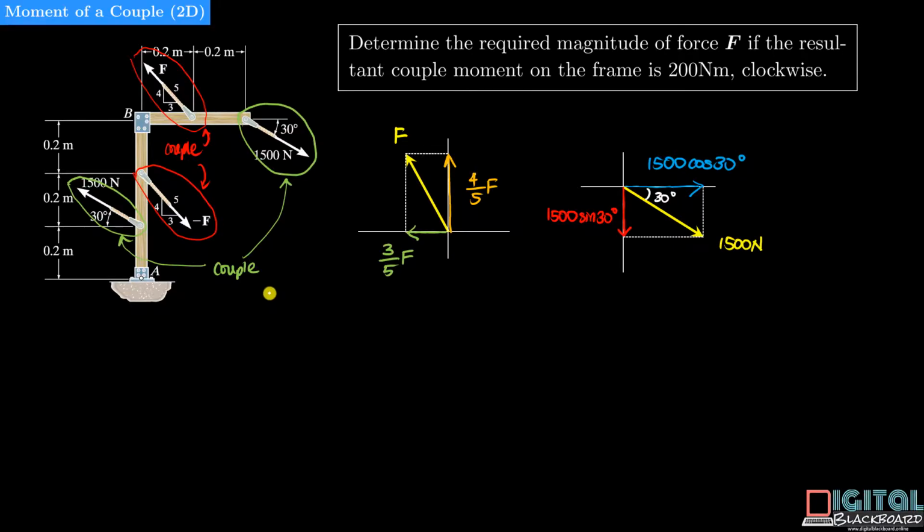In this case, we choose positive to be clockwise because the question says that the resultant couple moment is 200 Newton meter clockwise. So resultant couple moment is equal to a summation of all couple moments.